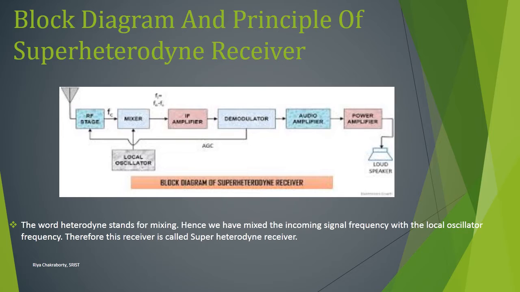This means that the superheterodyne principle is used in all types of receivers like television receiver, radar receiver, etc. In a superheterodyne receiver, the incoming RF signal frequency is combined with the local oscillator signal frequency through a mixer, as you all see in the diagram, and is converted into a signal of a lower fixed frequency.